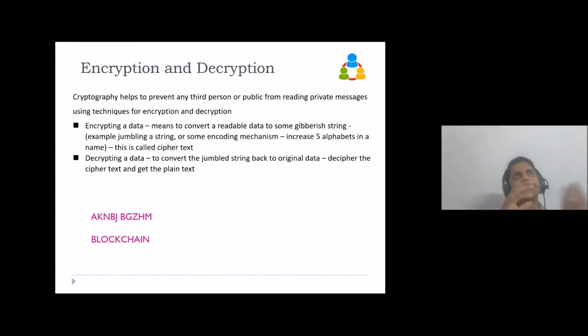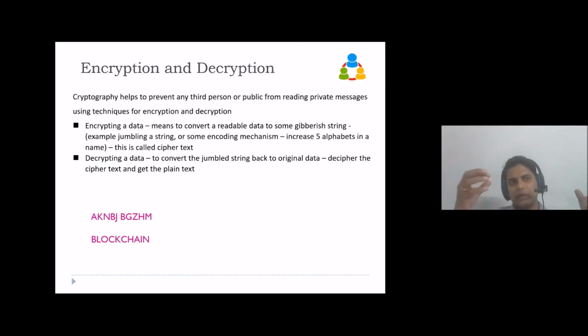So the idea is you convert a message into some gibberish data or an encrypted data, so that the middleman, whoever gets access to the data, is not able to read the data. You probably would have seen that if you are using WhatsApp now, they say that WhatsApp is end-to-end encryption.